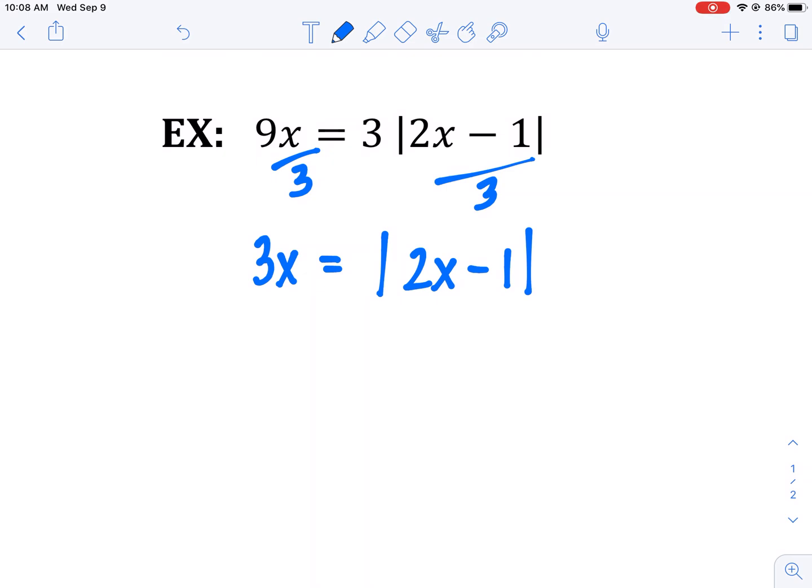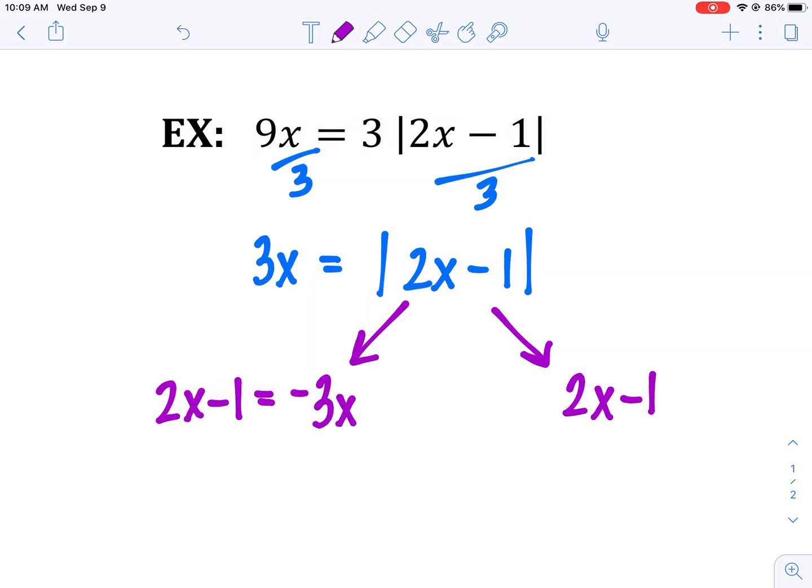I have an absolute value equal to what we assume right now is a positive number. We don't know what x is yet. So we can do exactly what we did before. Break this out. The 2x minus 1 could equal negative 3x.